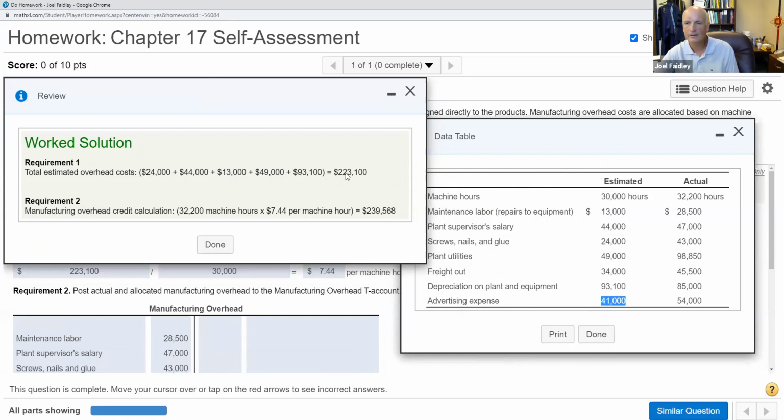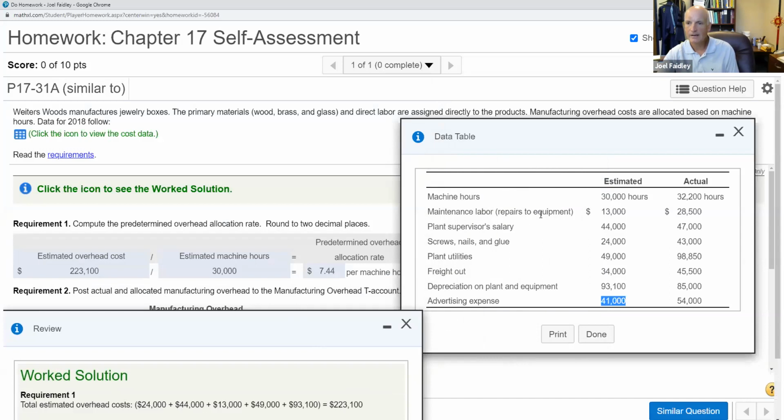It's 223,100. Before the year begins, that's what I expect to spend in actuals. I'm going to divide that by the estimated machine hours, because I don't have actuals yet. So estimated divided by estimated says for every machine hour, in every department, or in this case, just job order, I'm going to charge $7.44.